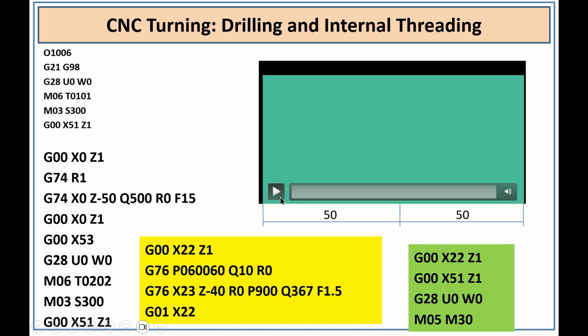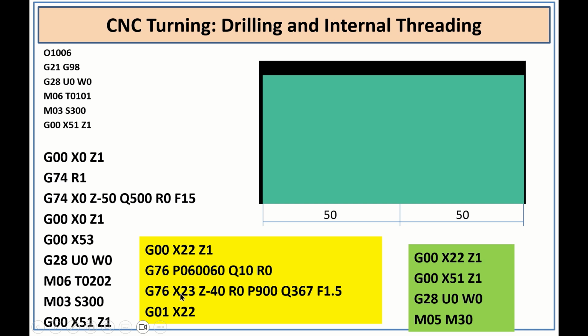For that reason, I take the threading tool to X22 Z1, and then G76 P06 00. The thread cycle we have discussed earlier is also applicable for internal threading. G76 P06 is a finishing cycle of 6 times, 00 is the pull out angle of 0, and 60 is the thread angle, Q is the depth of cut, and R is the allowance.